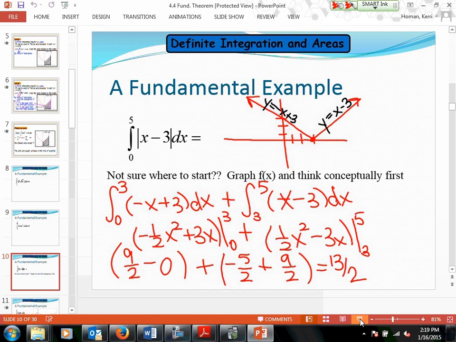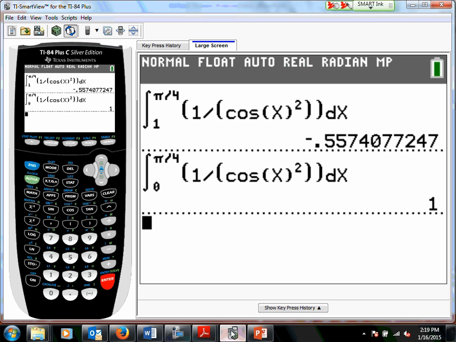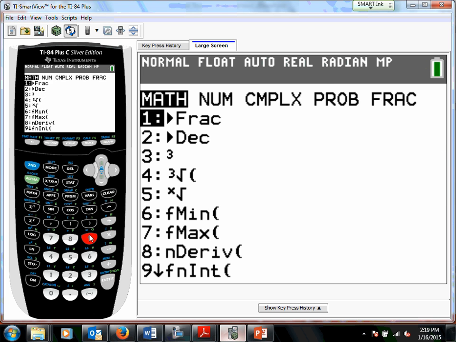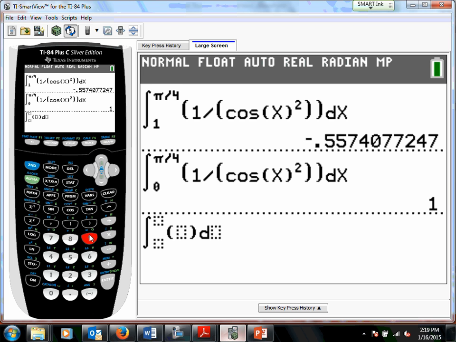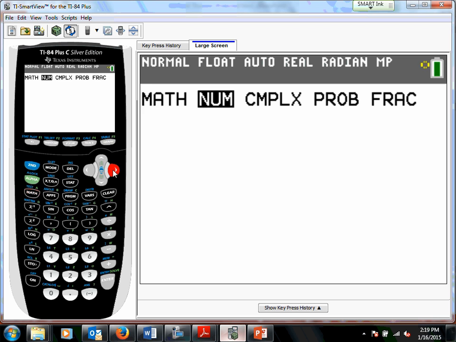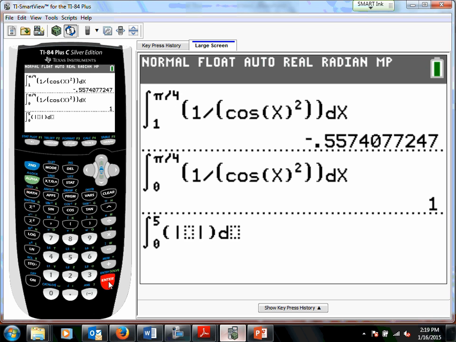What happens? Mine works. Math. Okay, what is it from where to where? 0 to 5? Yeah. Of math, number, absolute value, x minus 3. Yep.